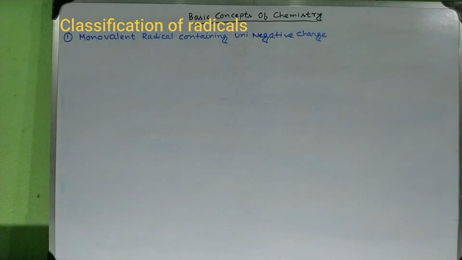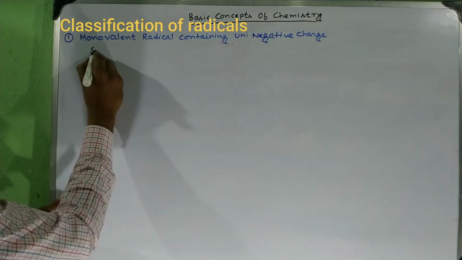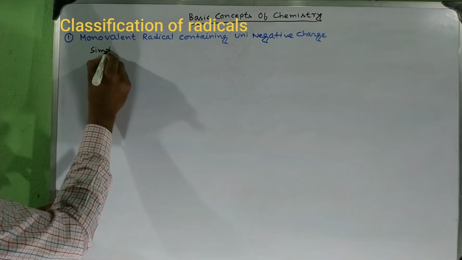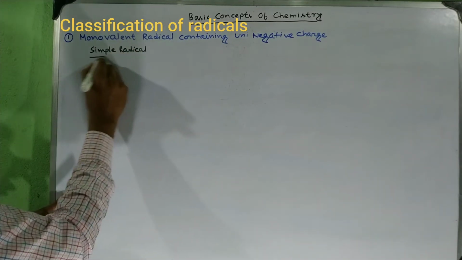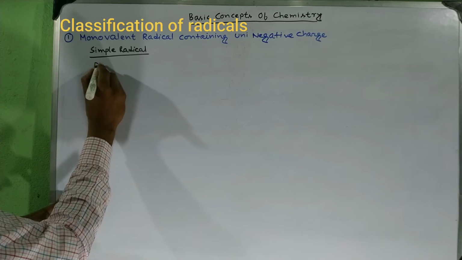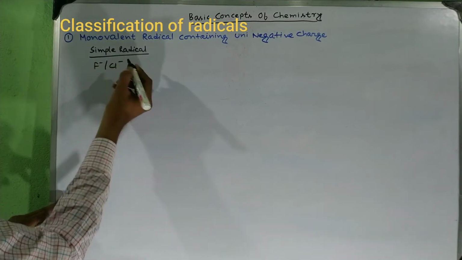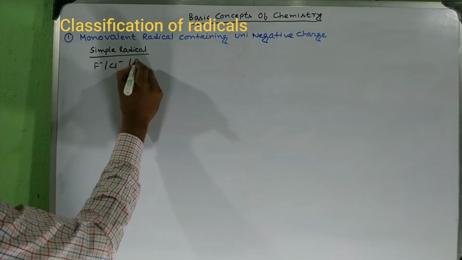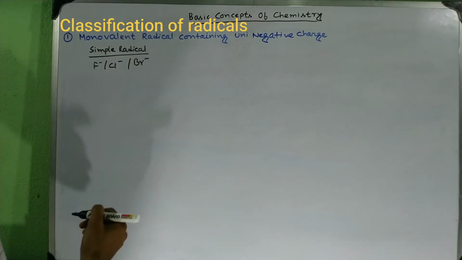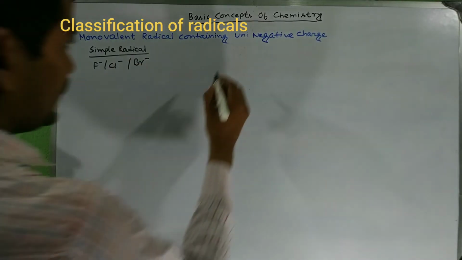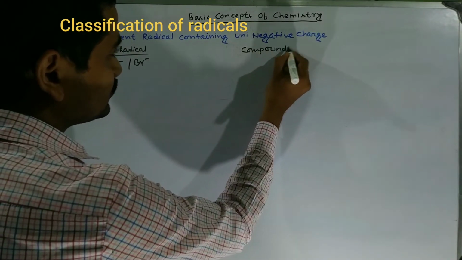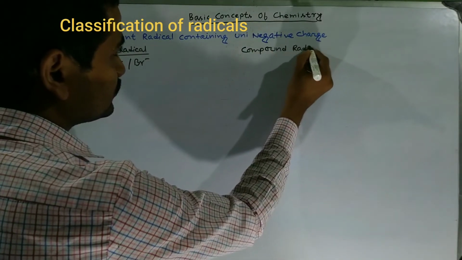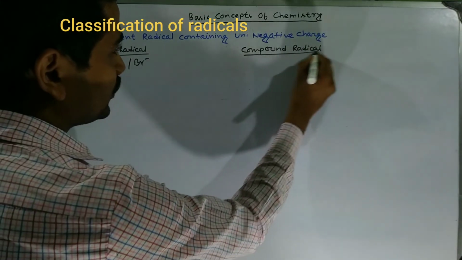Now the example of a simple radical is F minus, Cl minus: fluoride, chloride, bromide, etc. The compound radical is what?